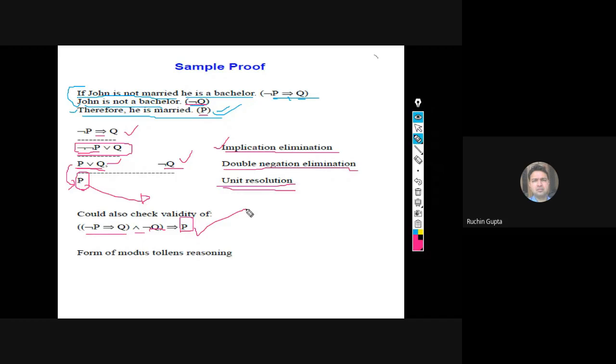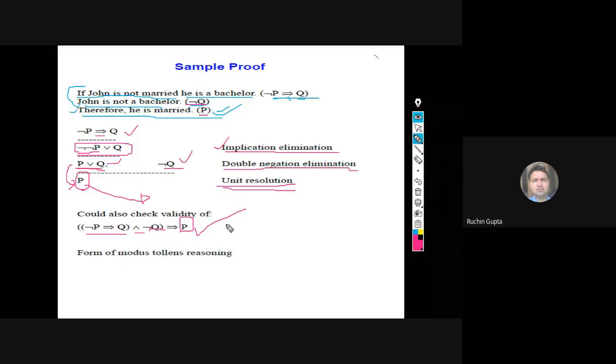Now if we check the validity of this statement, if the left hand side is true, then the right hand side is also going to be true, right? We can assign the truth values true and false to P and Q, create a table, and we will find that it is a valid statement.